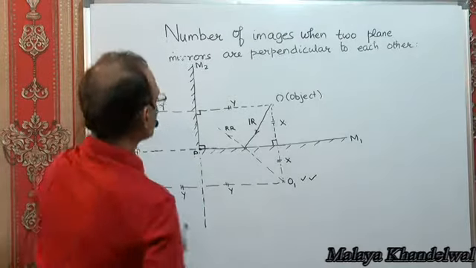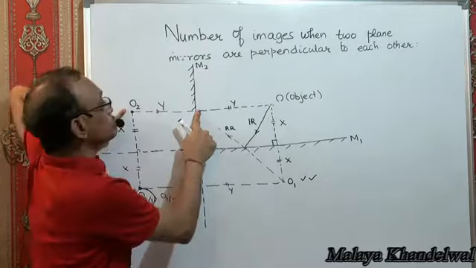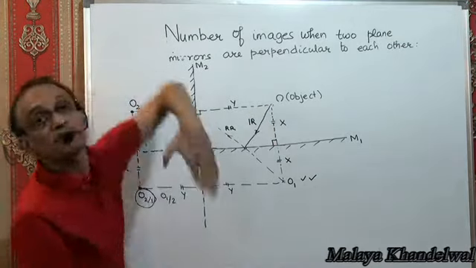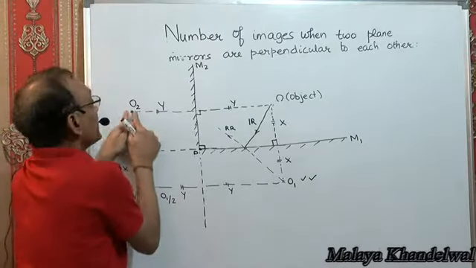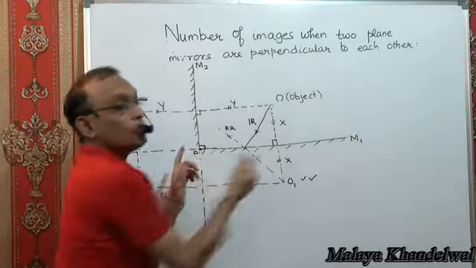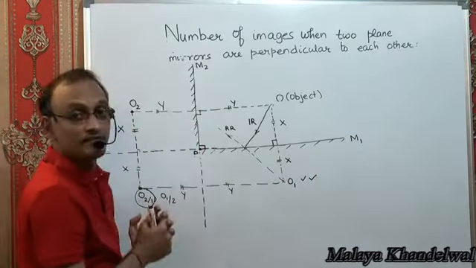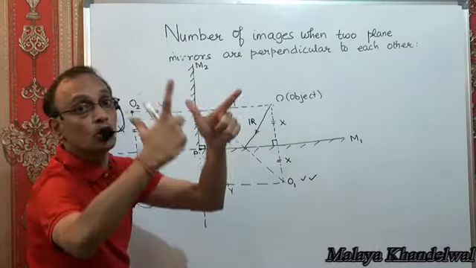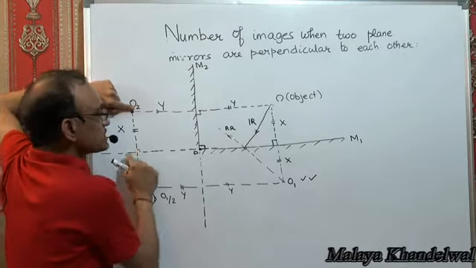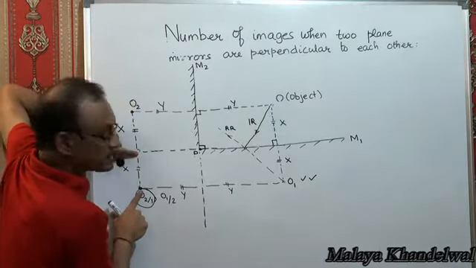Also, realize that rays of light that start from O and first get reflected from M2 would seem like passing through O2, and this O2 will act as a virtual object for M1. If O2 is a virtual object for M1, there is going to be an image of O2 formed by M1. As far as mirror M1 is concerned, this is the object distance and this would be its image distance.